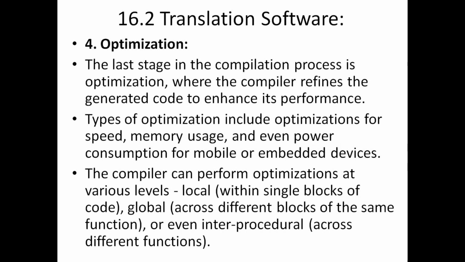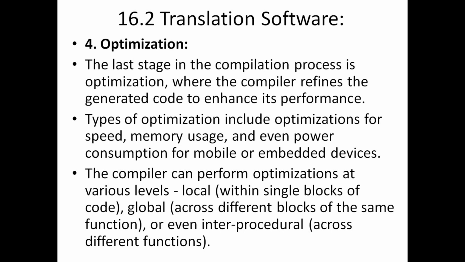Last but not the least, we have the optimization, where the compiler refines the generated code so that its performance can be enhanced. The type of optimization would include speed optimization, memory usage optimization, and sometimes even power consumption if you're writing code for mobile devices or tablets, etc., or even for embedded systems.